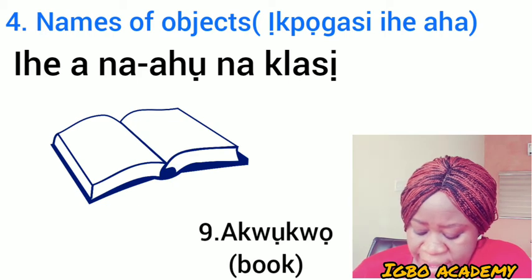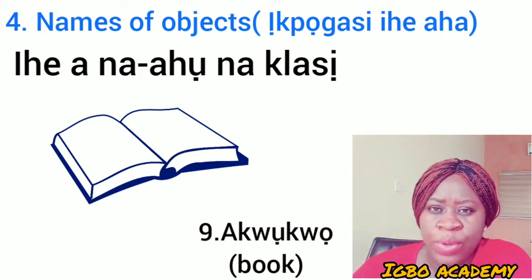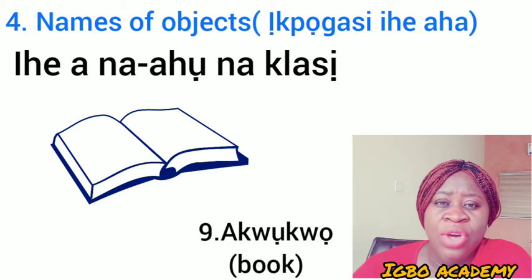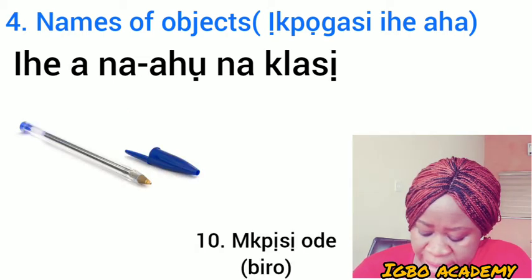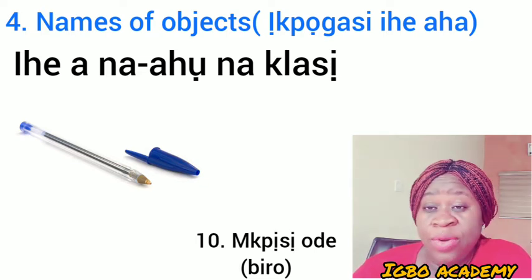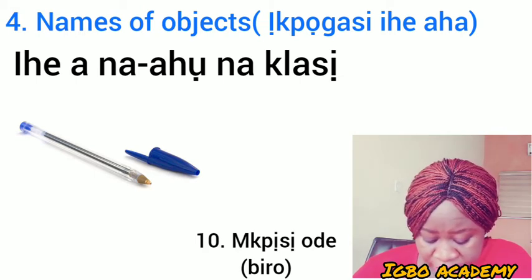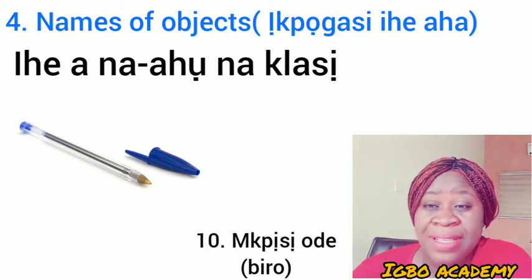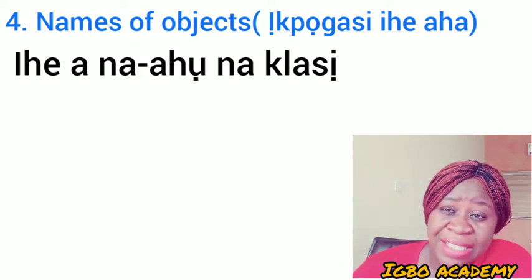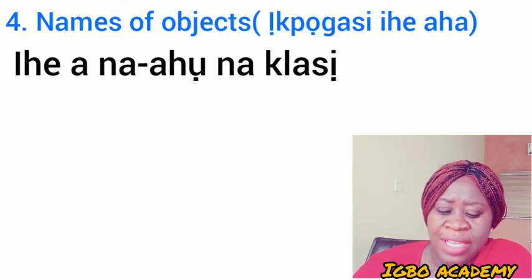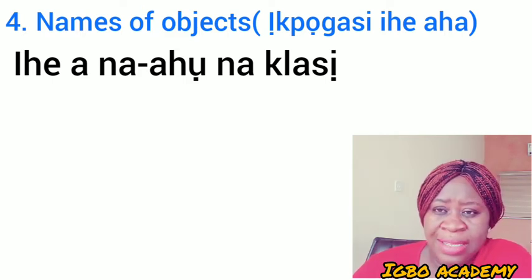Number 9 is your book, and you call the book akwụkwọ. Number 10 is your biro, and the biro is called mkpịsị odee.